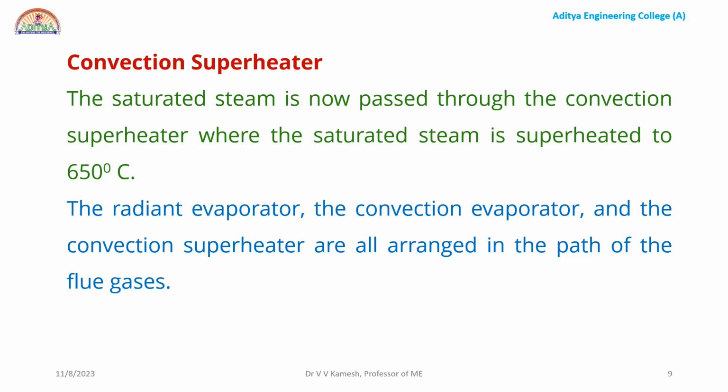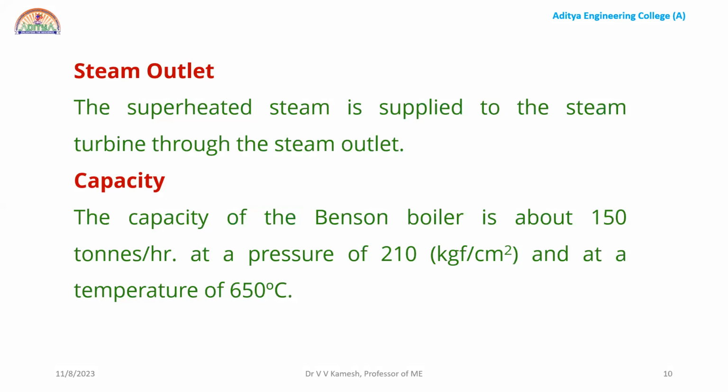And the radiant evaporator, the convection evaporator, and the convection superheater are all arranged in the path of the flue gases. I told you earlier there are 5 stages, right? 4 stages for the water and 1 stage for air. And the superheated steam is supplied to the steam turbine through the steam outlet.